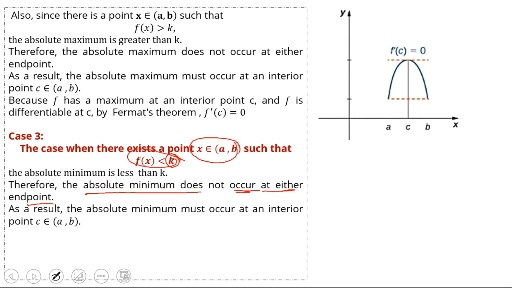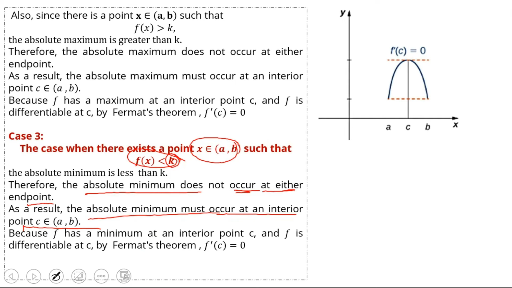Next, as a result the absolute minimum must occur at an interior point c that belongs to the open interval (a, b). Because f has a minimum at an interior point c and f is differentiable, by Fermat's theorem we can say that the derivative of this function at this point is 0.